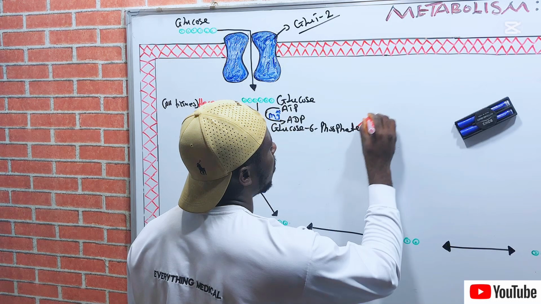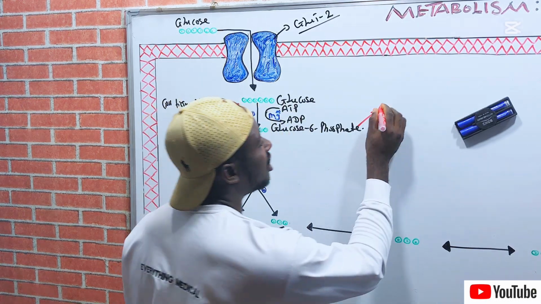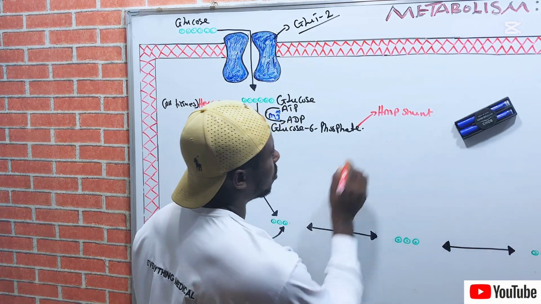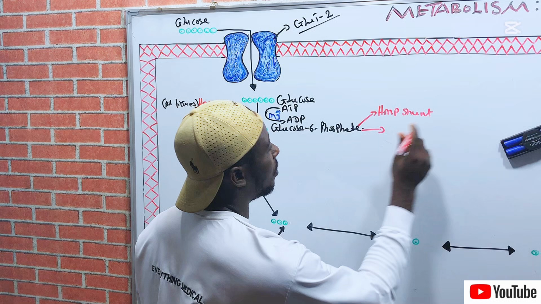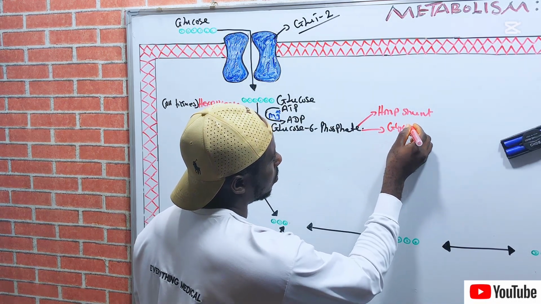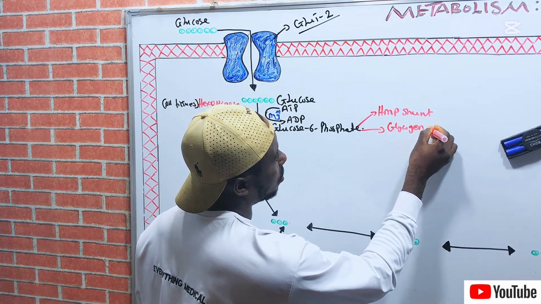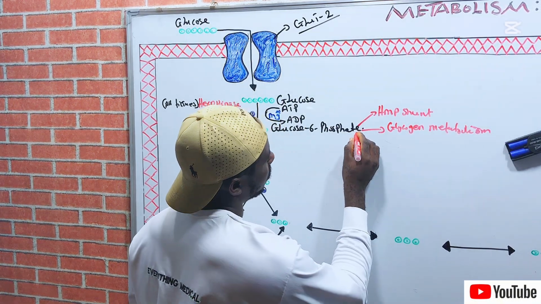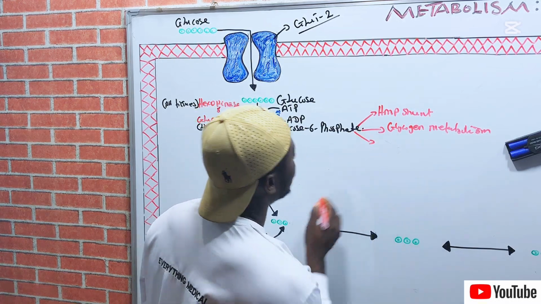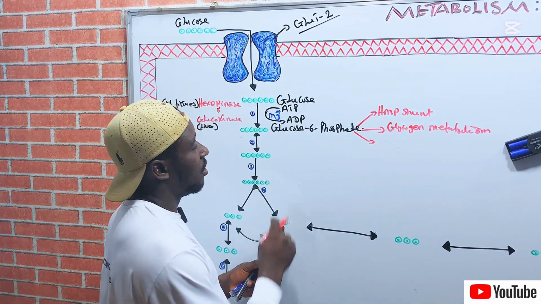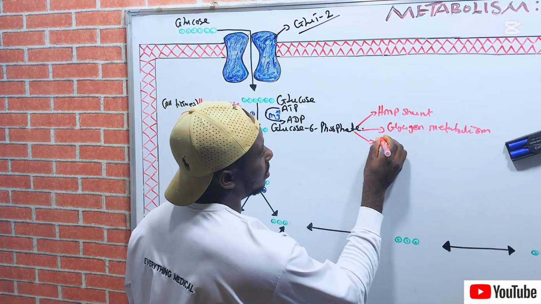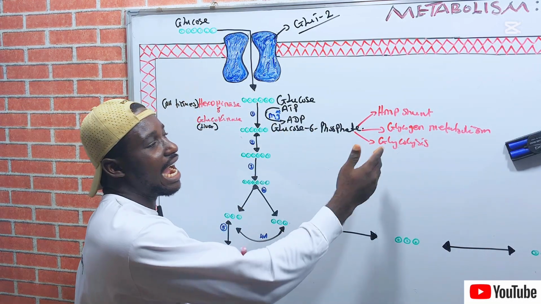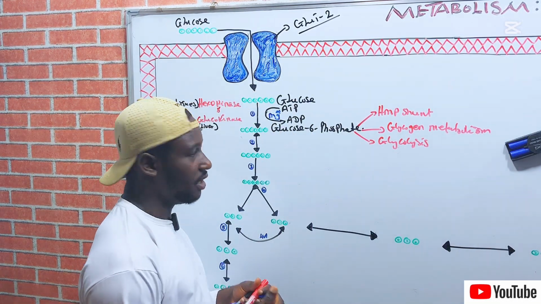We have the HMP shunt, we have glycogen metabolism, and we then have glycolysis itself. So these are the metabolic fates of glucose 6-phosphate, right?